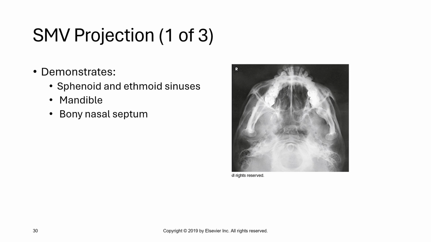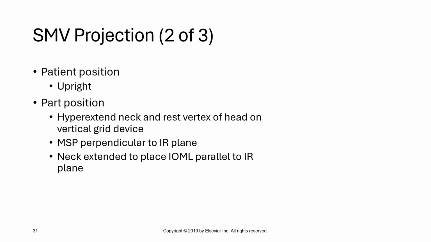For the sinuses, it's not going to be as effective to do an adjustment angle with the x-ray tube like we would if we were doing facial bones or zygomatic arches. Because we're evaluating sinuses, we want to keep a horizontal central ray. So the patient is upright, hyperextends the neck, and rests the vertex of the head on the vertical image receptor.